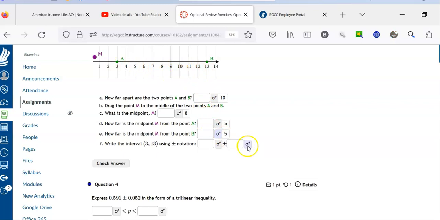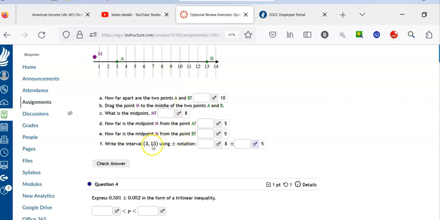Okay? And if we want to use this as an inequality, this plus or minus means, okay, so what it means is I'm going to take the midpoint 8 and I'm going to add and subtract the same number 5. So if I take my midpoint 8, add 5, I get 13, subtract 5, I get 3, okay?